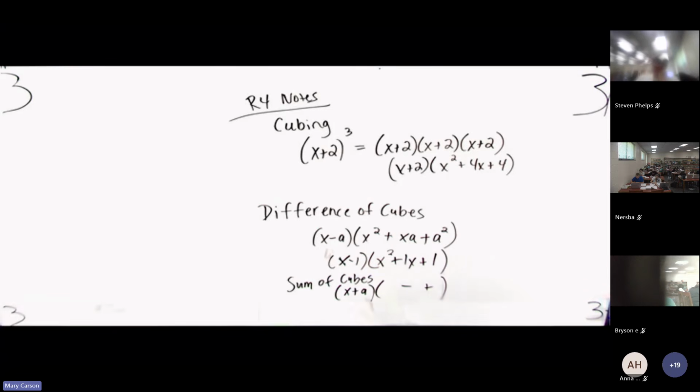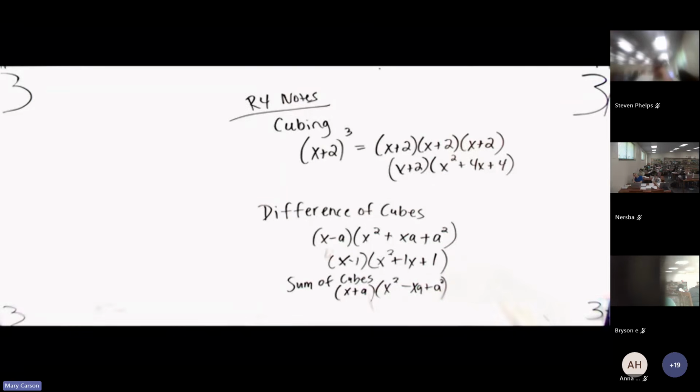So you square the first term, square the last term, and then multiply the 2 in the middle. All right, so difference of cubes, you always have a minus here and then a plus plus. Sum of cubes, you're always going to have a plus and then a minus plus. Easiest way for those is just to memorize it, unfortunately.